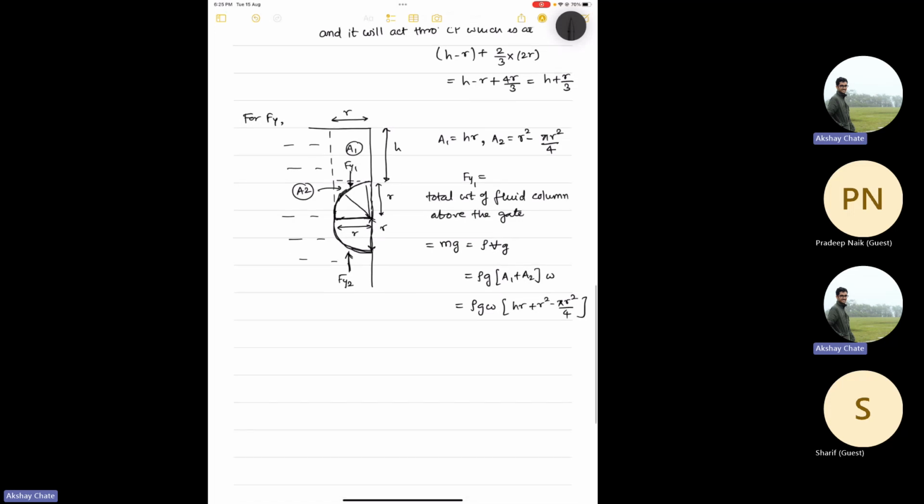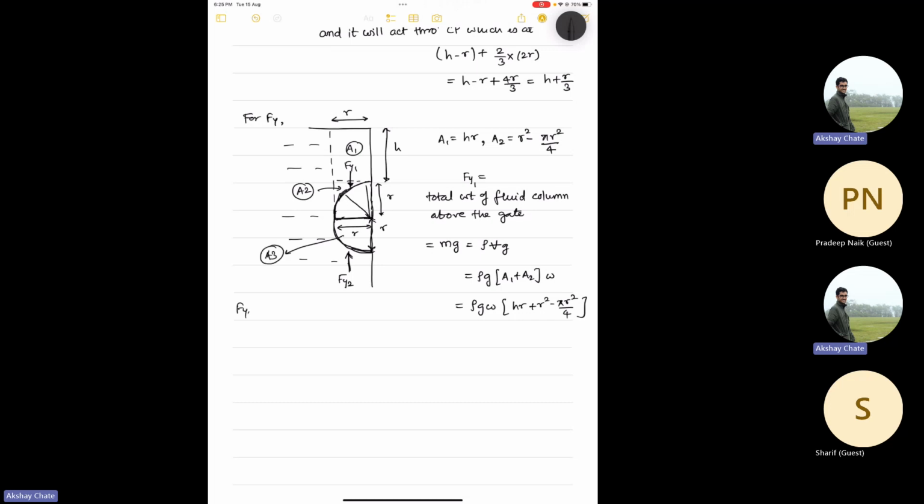So Fy2 will be basically the total area from this point. So that will be A1 plus A2 and plus this area of the gate.